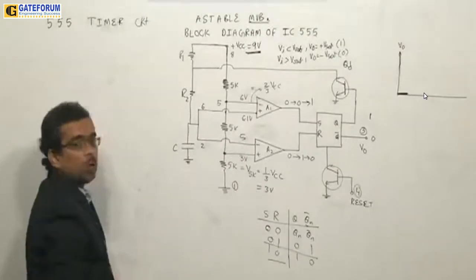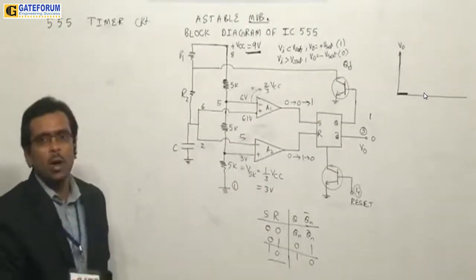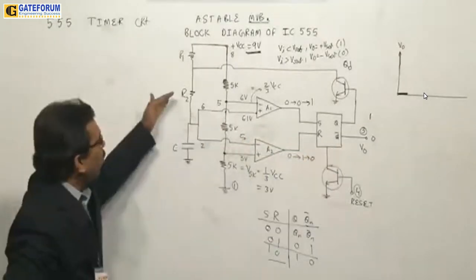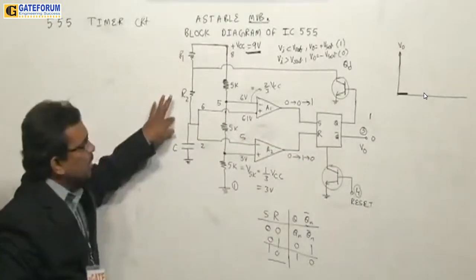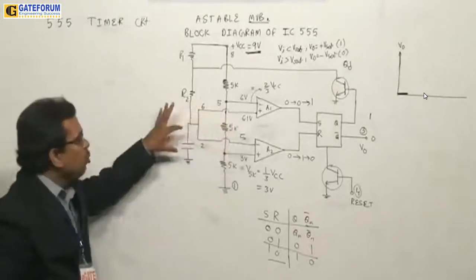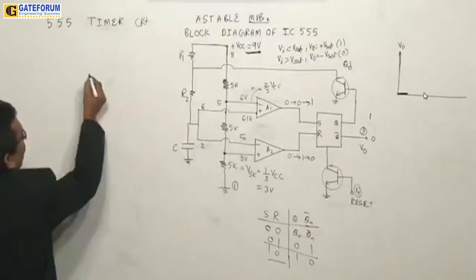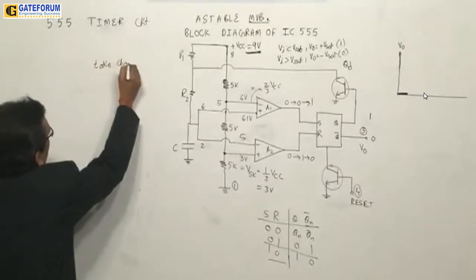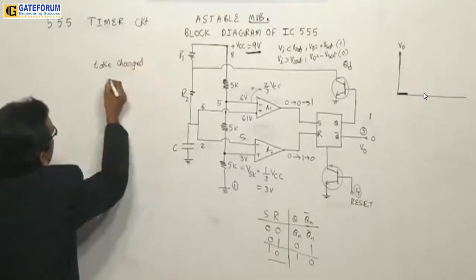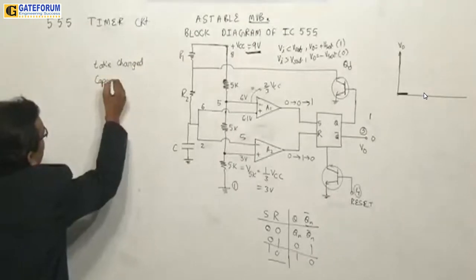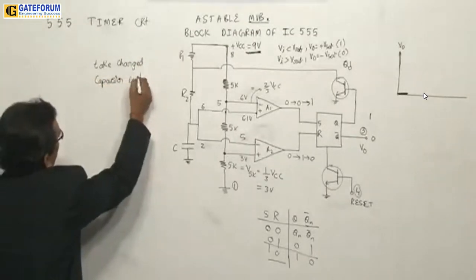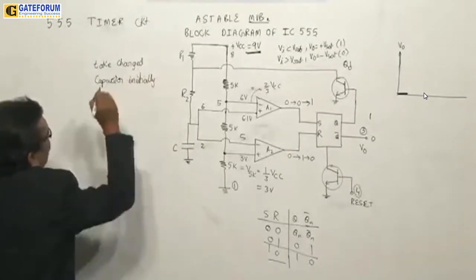Now everybody try to understand here. Initially, when it is set to 0, you have to take a charged capacitor initially.